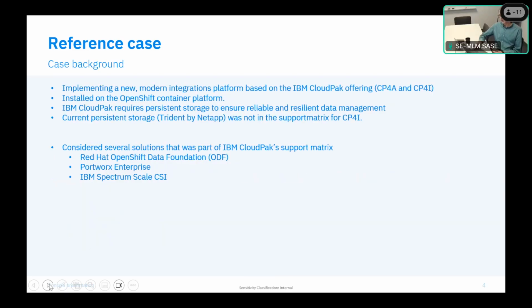So when we got in contact with them, a little bit of case background, if you will, they were looking to implement a new and modern integrations platform based on IBM Cloud, the IBM Cloud Pak offering.